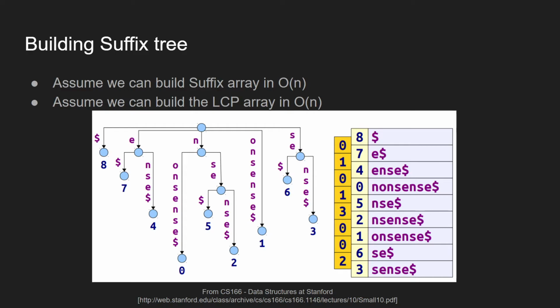The LCP array says that, for example, between substrings starting at 8 and 7, there is an overlap of 0 characters. Hence, the length of the longest common prefix is 0, but between indexes 5 and 2, for example, that correspond to suffixes NSE$ and NSE$, there is an overlap of 3 characters. Hence, the LCP is 3 there.